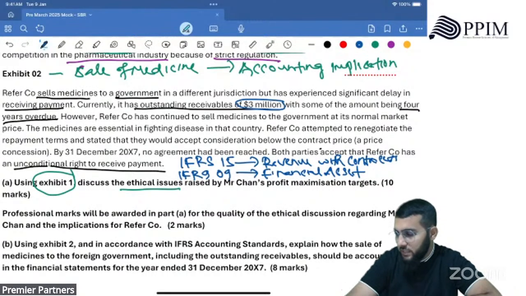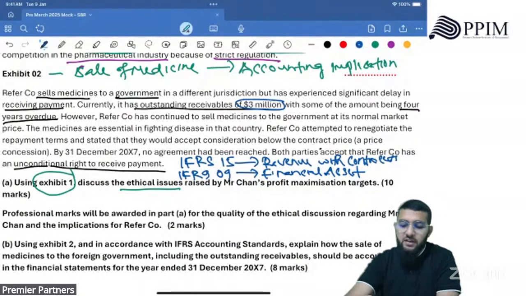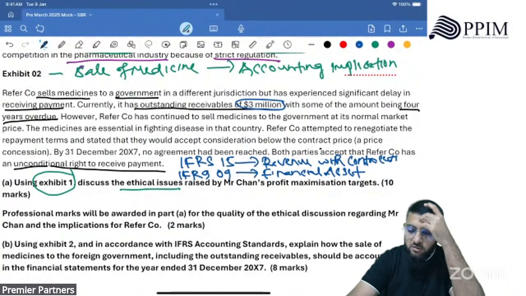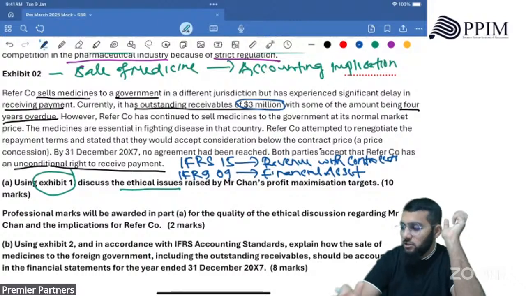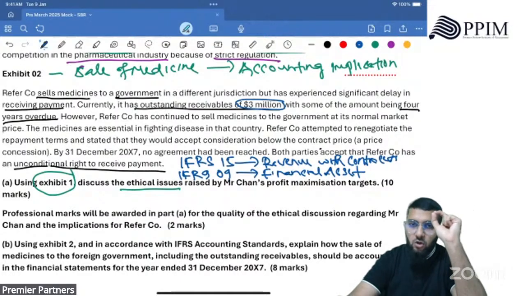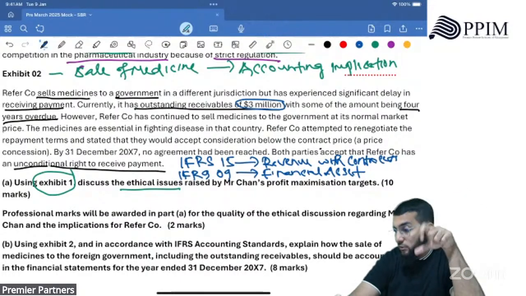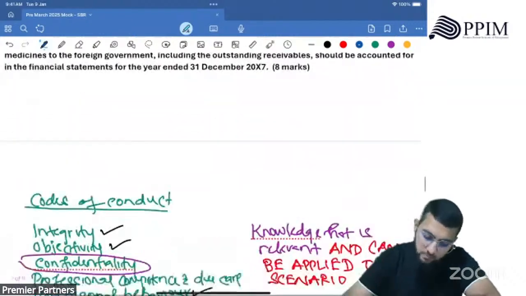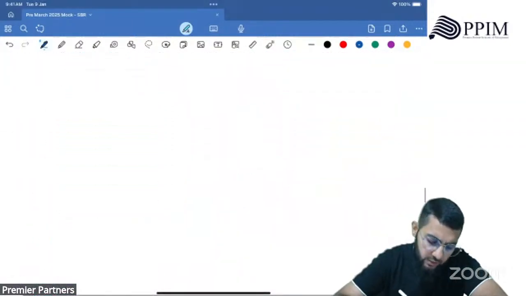First, the client's ability or intention to pay: it's a government, so you can assume that you are going to get the money, but how quickly? You still have not got it in the last 4 years. So if you're making new sales, you need to make a call whether you are going to discount at present value. Will the initial recognition of payment need to be discounted? So I'll just bring the points in.